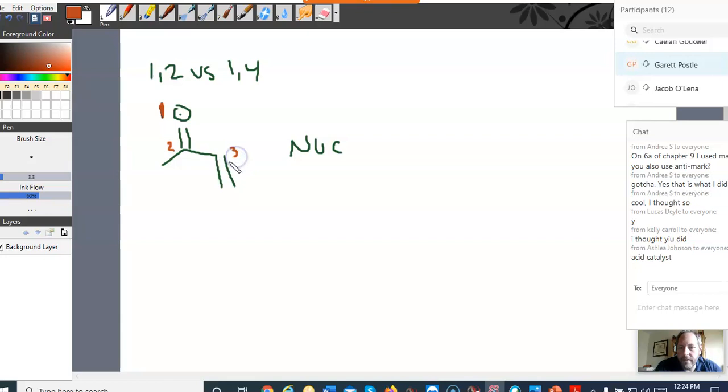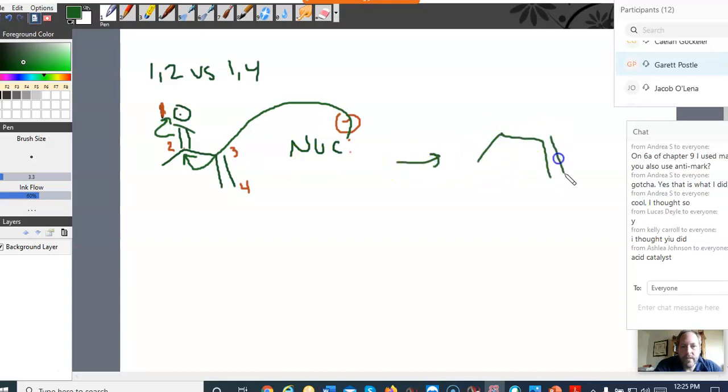Carbon 3 is the first carbon on the double bond, and carbon 4 is the last carbon on the double bond. So 1, 2, 3, 4. A 1,2 addition is where your nucleophile attacks at the 2 position and kicks up the pi bond. So in this case, your product would be O minus plus you would have a nucleophile right there.